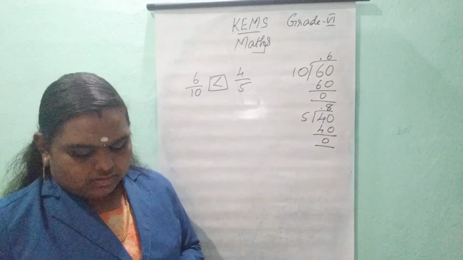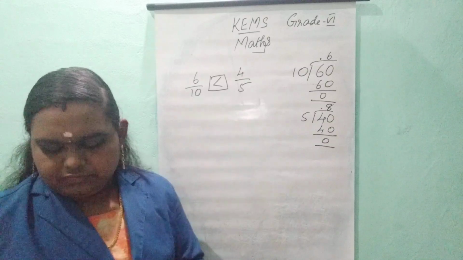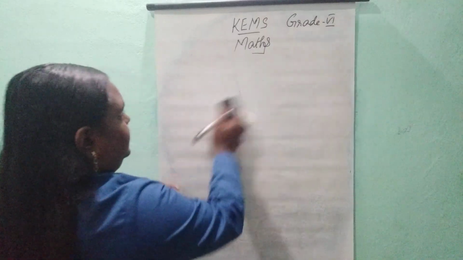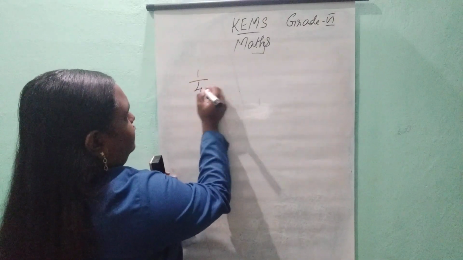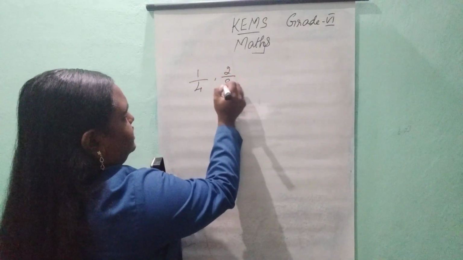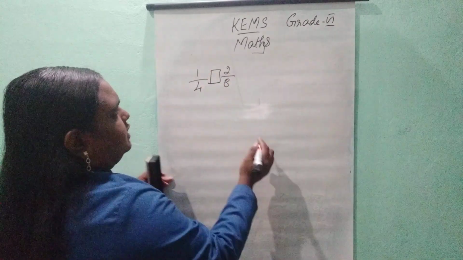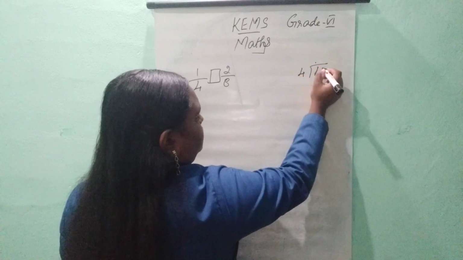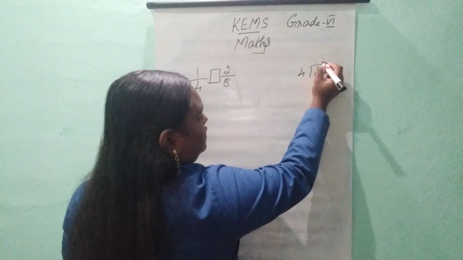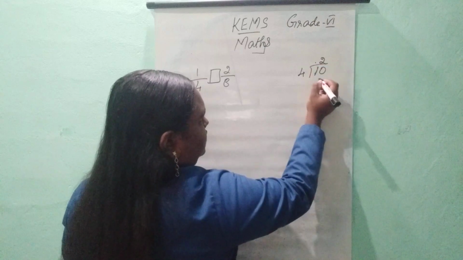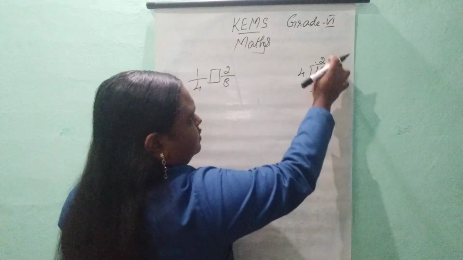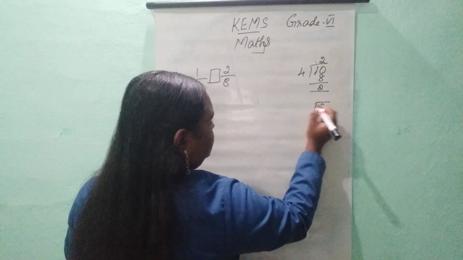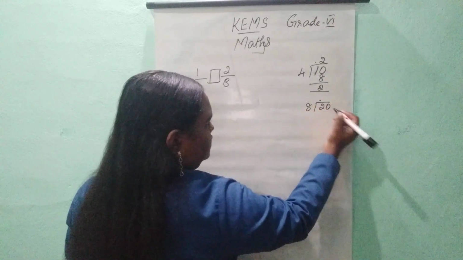Yes. Then if you are having 1 by 4 and 2 by 8. So 1 divided by 4: 0. 1 4 is 4, 2 4s are 8, remaining 2. So 0.2 is the answer. Here 2 divided by 8: 0.